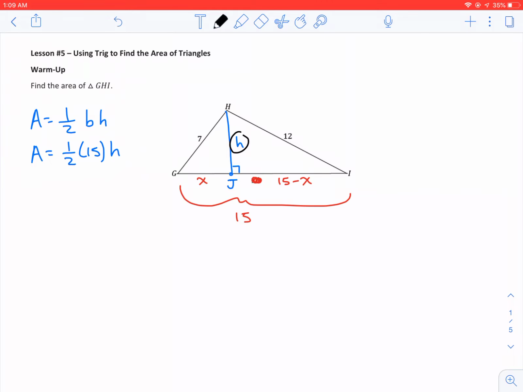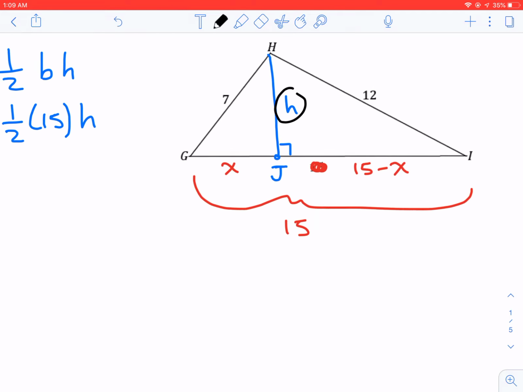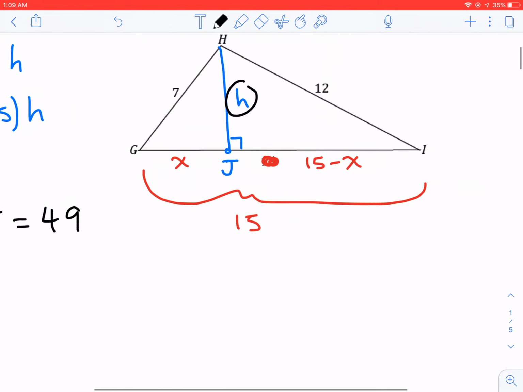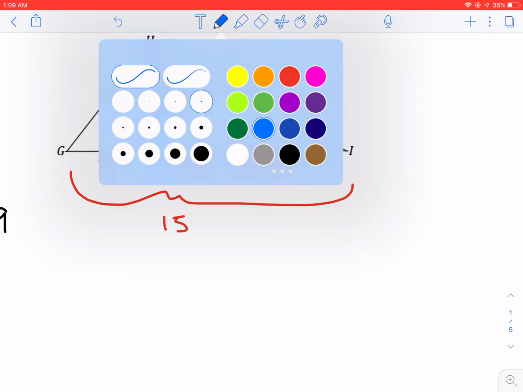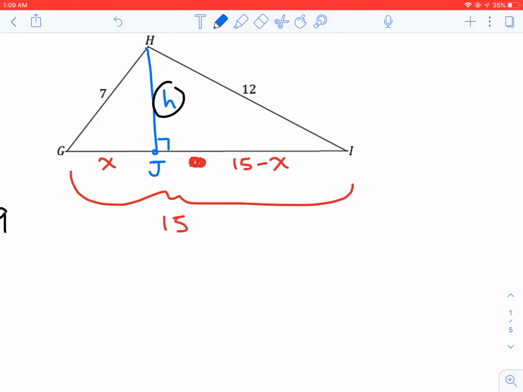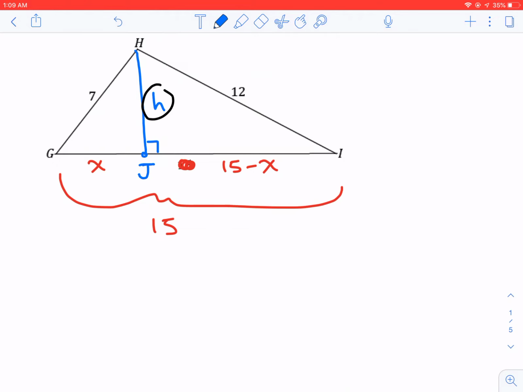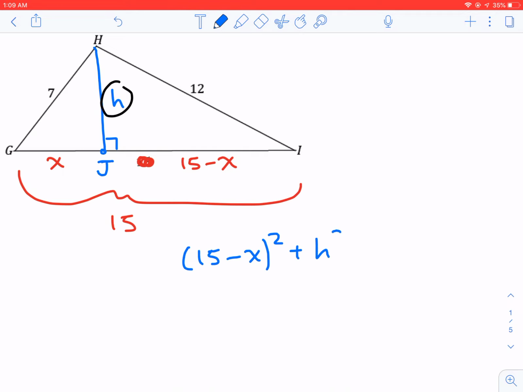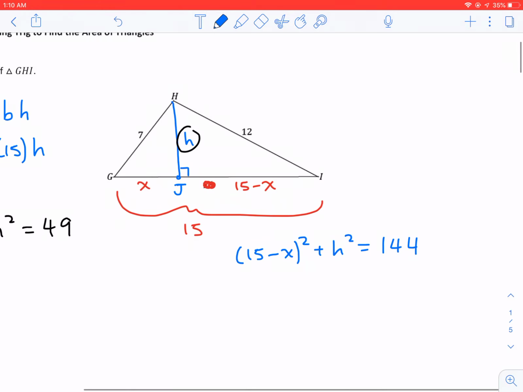So doing it on the left triangle GHJ, we can say x squared plus h squared equals 7 squared, or 49. Applying it on the right triangle, on triangle HJI, we're going to have leg, let's do this leg first, 15 minus x, in parentheses squared, plus the other leg, which is h squared, equals 12 squared, which is 144.